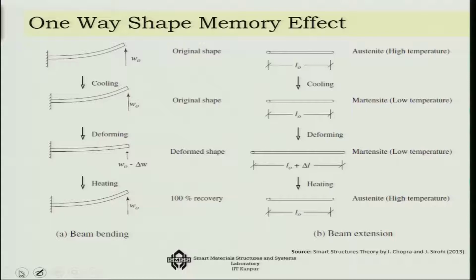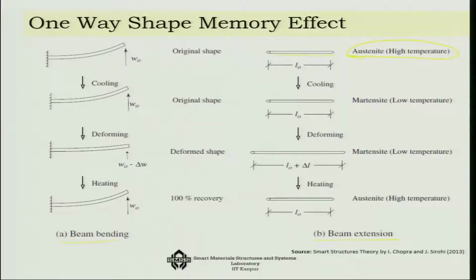But let us first talk about the one-way shape memory effect. So in the one-way shape memory effect, there are two types. One is the beam extension, another is the beam bending. Let us first discuss what happens in the beam extension. Suppose I take an SMA sample which is at the austenite high temperature phase.